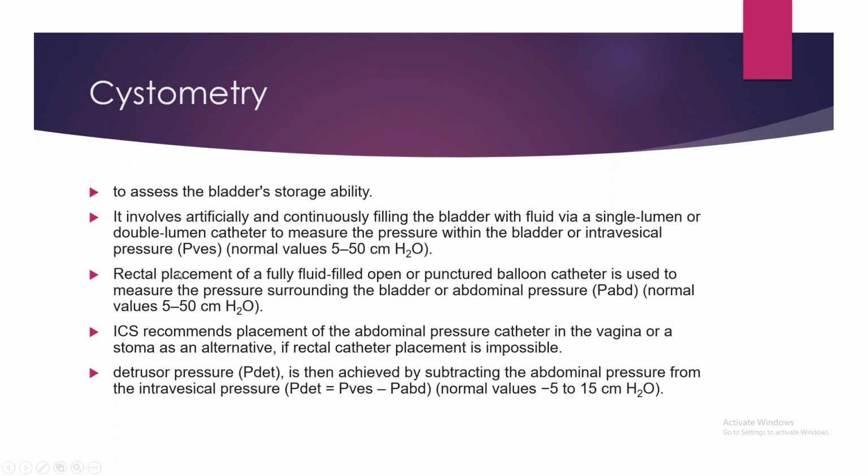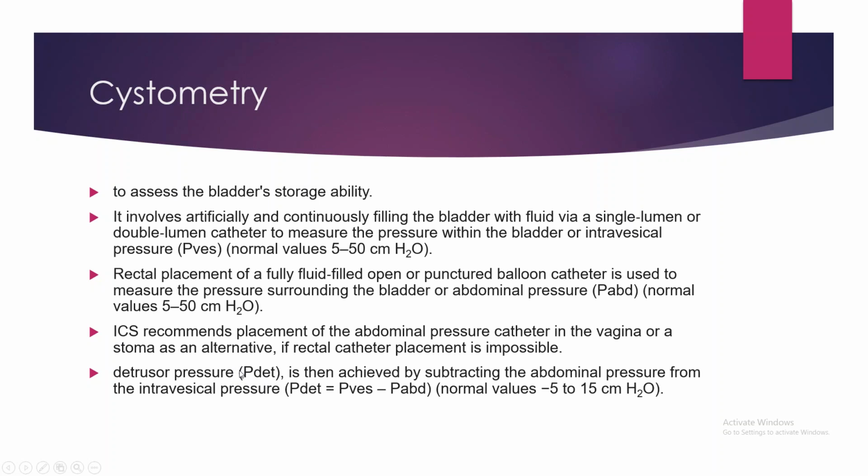Now you have to know three pressures for this cystometry. One is the vesical pressure, which you measure by inserting a catheter inside the bladder. Abdominal pressure is measured by inserting a catheter into the rectum. The third pressure is detrusor pressure. How do you measure it?